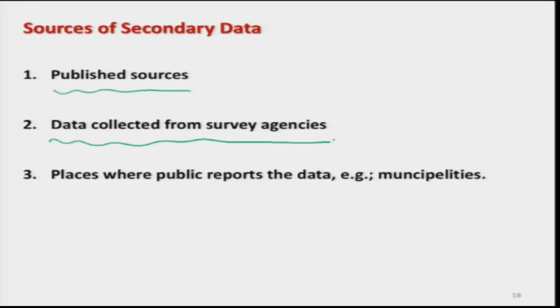The second option is data collected by survey agencies, which we can use. The third is public offices where data is recorded. For example, municipalities: whenever there is a birth of a child or death of a person, we report it there, and they keep the data. This type of data is available in those municipalities, and we simply take it from there.